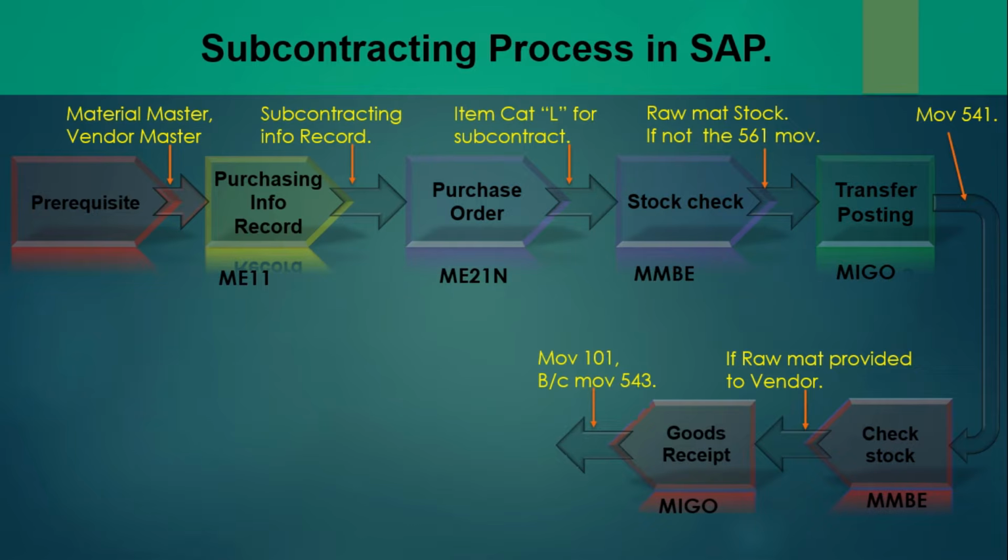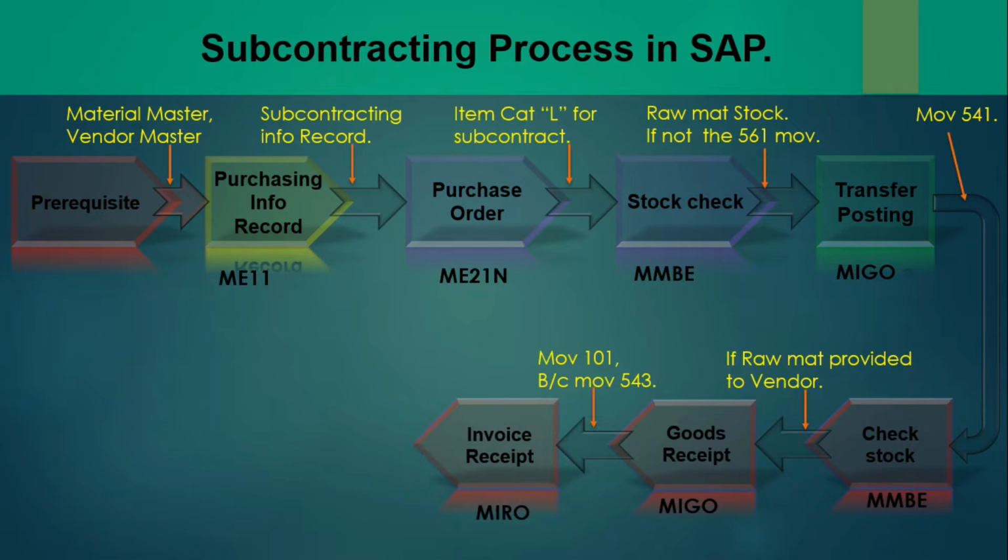Then once we provide the raw material to the vendor and give him a deadline by which we want that semi-finished or finished product after processing the raw material, the vendor sends that material to us and then we perform goods receipt. Here we perform goods receipt with normal 101 movement, but in the background 543 movement happens.